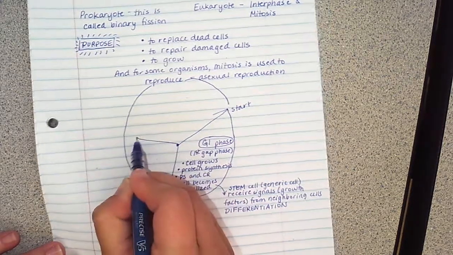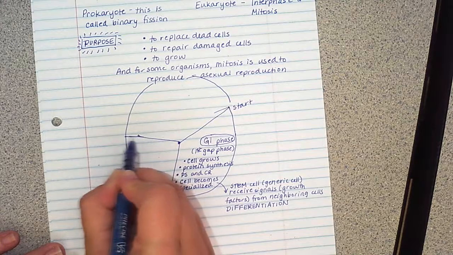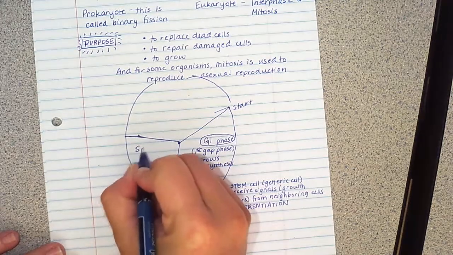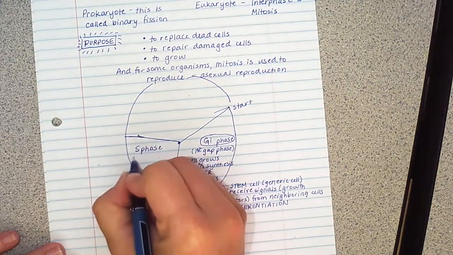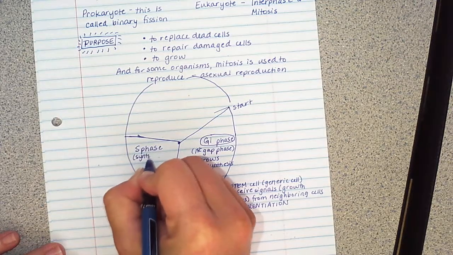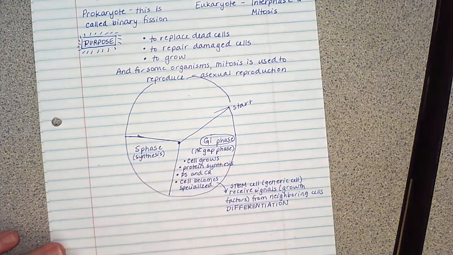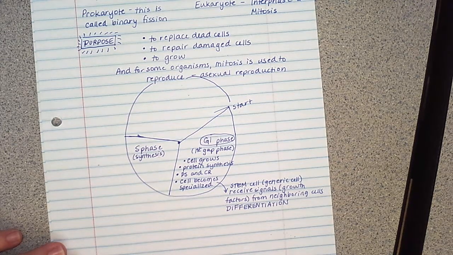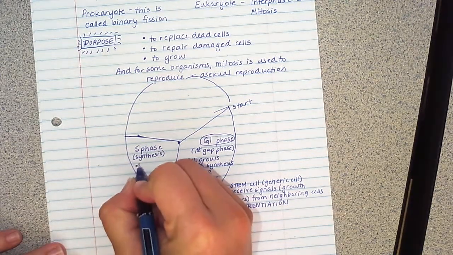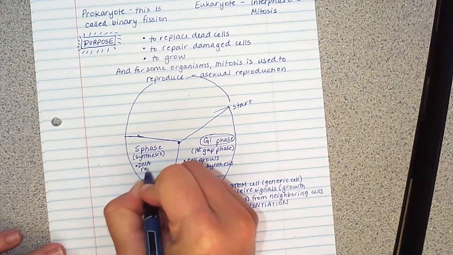Then we have another phase, it's a little bit smaller, but it's called the S phase. And at this point, it stands for synthesis. Synthesis means to put together. And what we are going to do is put together another copy of the DNA. So what happens here is something called DNA replication.